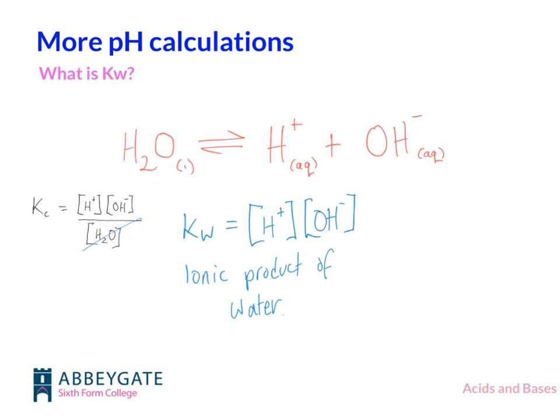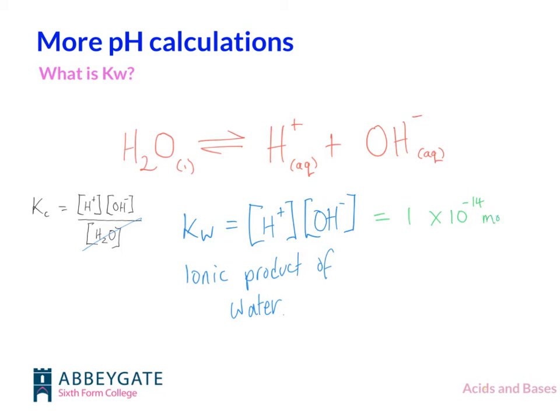Now, as you're aware with equilibrium constants, they are constant so long as the temperature is constant. And it just so happens that the equilibrium constant that we're talking about here, the ionic product of water, has a value of 1 times 10 to the minus 14.